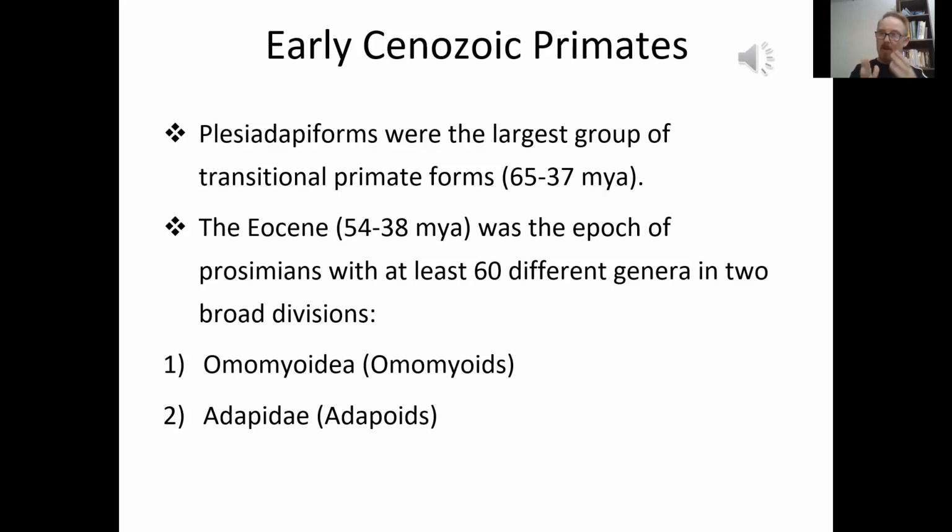A section of these Adapoids are going to do a phylogenetic split, and they're going to move towards more common primates, which we see today. While that happens, the Adapoids are still going to be around. I mean, they're still out there as they split off into groups of primates. So we're doing a split. And eventually the primates become so much better at existing in the arboreal environment above us that they put the Adapoids out of business into extinction, which often happens with phylogenetic splits.